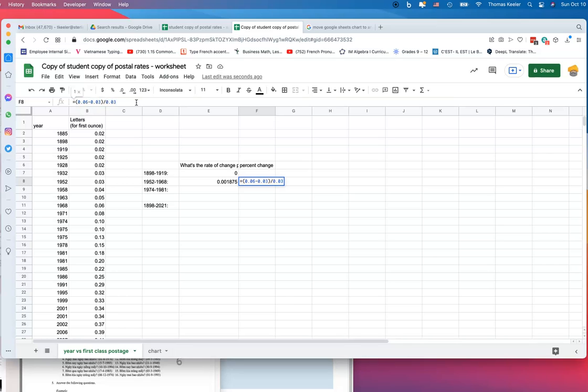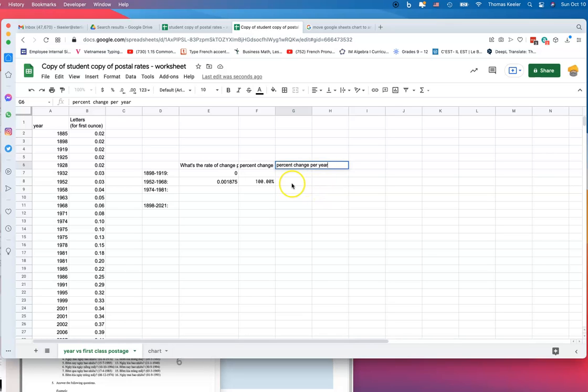Okay, so I do the new price minus the old price, and let's say percent change was 1, which is, but remember in percents, so let's change this into a percent sign. So it's 100%.